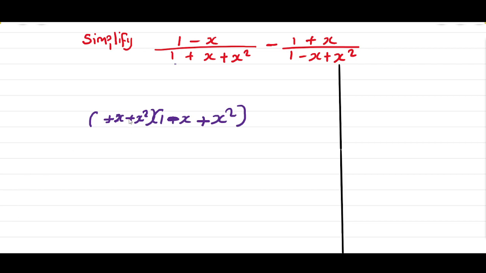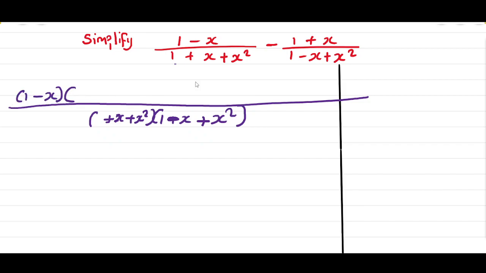So we're having 1 minus x multiplying 1 minus x, then plus x squared, then minus, we'll be having 1 plus x, we have to multiply out 1 plus x to the second power.